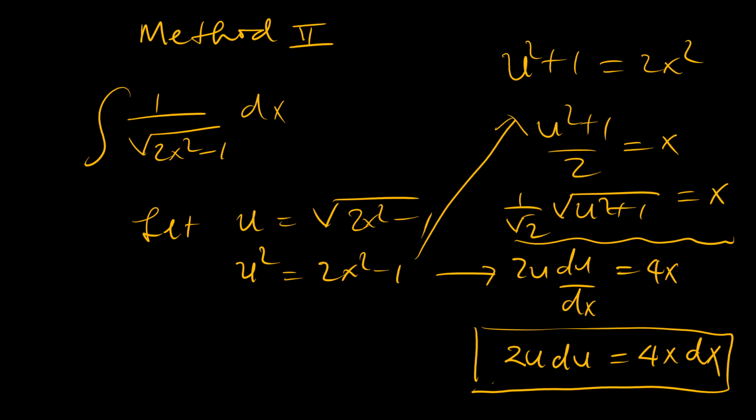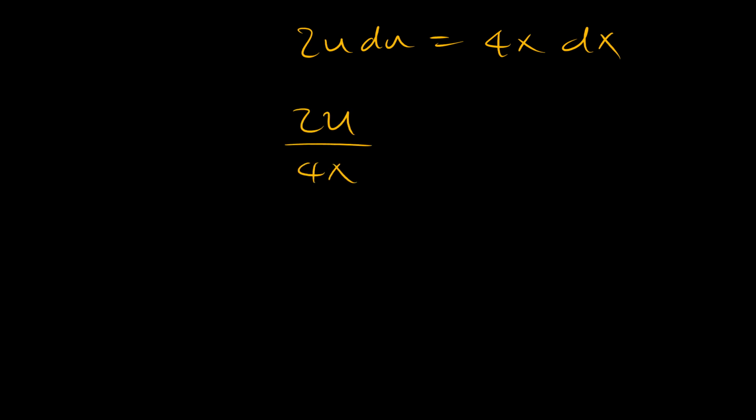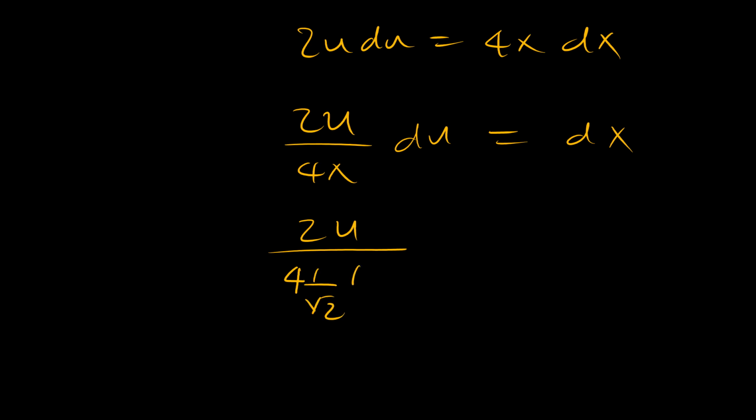And so we can now try to approach the 2u du being equal to 4x dx. You can say this is 2u over 4x du equals dx. That means 2u over 4 times root 2 over the square root of u squared plus 1.